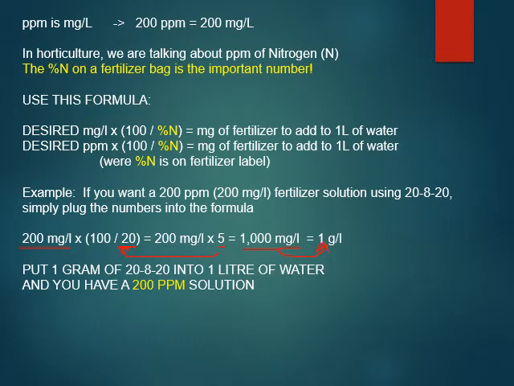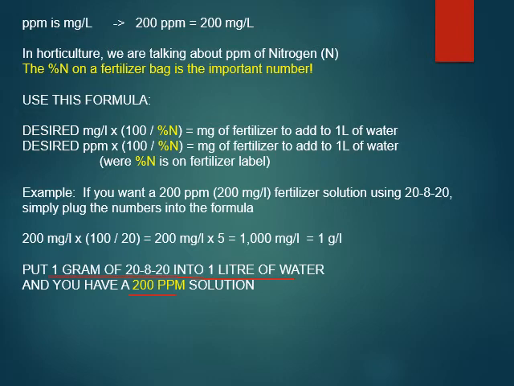You should have learned this in school, right? A milli is 1,000, if you know your French. So 1,000 milligrams per liter is 1 gram. That means if we're putting 1 gram of 20-8-20 into 1 liter of water, you will have a 200 ppm solution.